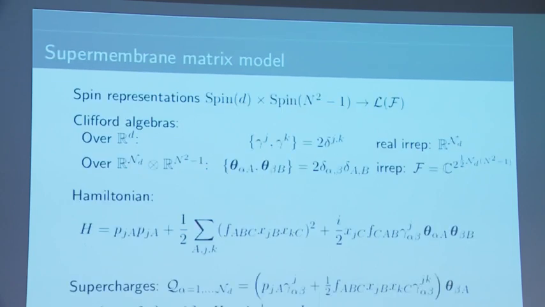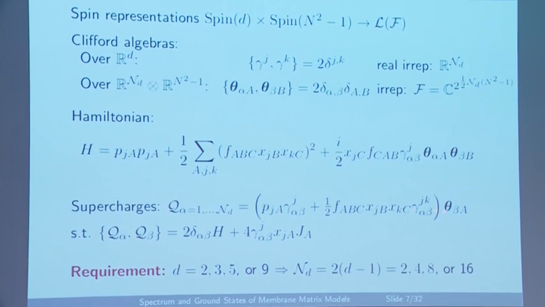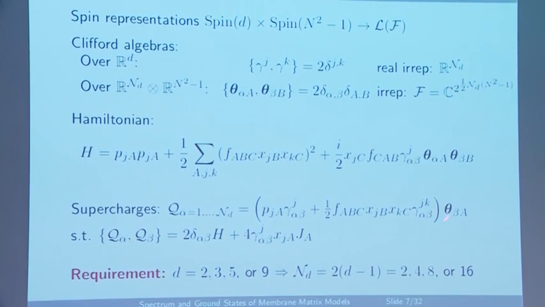And then it turns out that you can write down a set of supercharges. The number of supersymmetries is essentially this dimension here. You have a term linear in momenta and then quadratic in the x's, coupled to these fermionic variables.